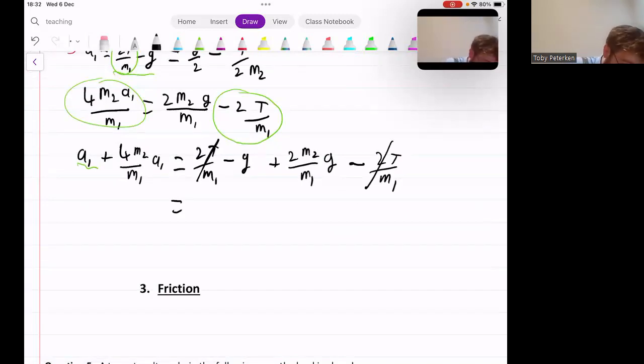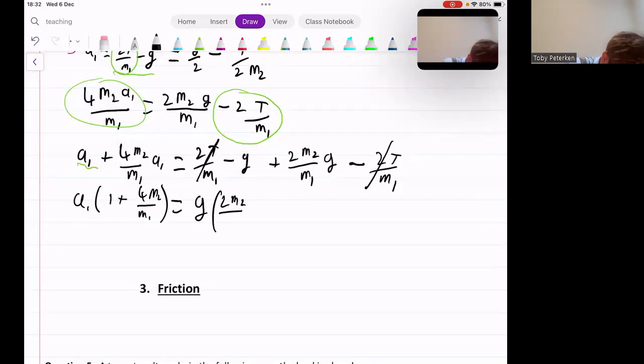And we can simplify this whole thing to be a1 times 1 plus 4 m2 over m1 equals g times 2 m2 over m1, take away 1.